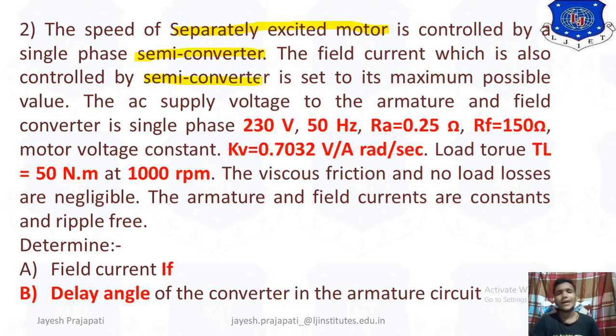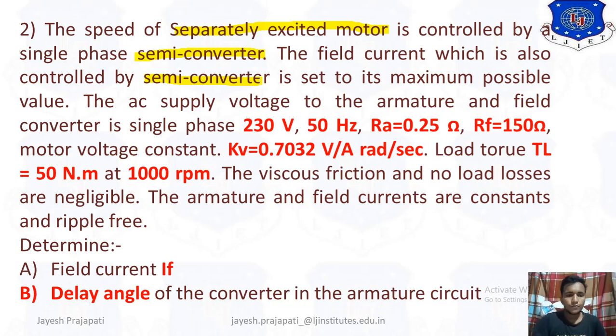So we can say that it is a semi converter DC drive in a separately excited DC motor. Actually we study semi converter drives, half converter drives and full converter drives in chapter number 3, that is DC control drives, but the example related to this we discuss here.